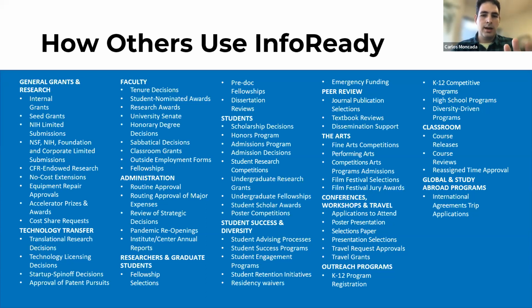That's not an exhaustive list by any means, because the basic functionality of the InfoReady platform allows an administrator to create a form for a collection process and then route that through a review or approval or feedback workflow. That's pretty common in a lot of processes. So we see people adapting InfoReady for all kinds of things.